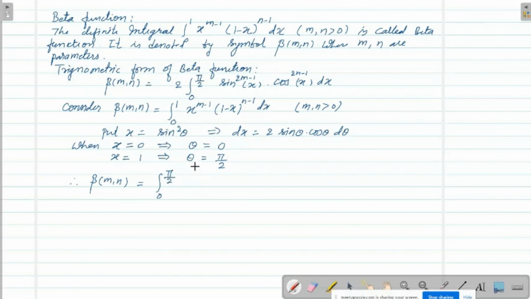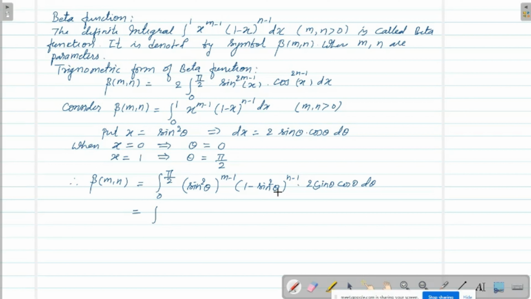So instead of x, we write here sine square theta raised to m minus 1 into, here we write 1 minus sine square theta, the power is n minus 1. And instead of dx, we write 2 sine theta into cos theta d theta. So just simplify this.